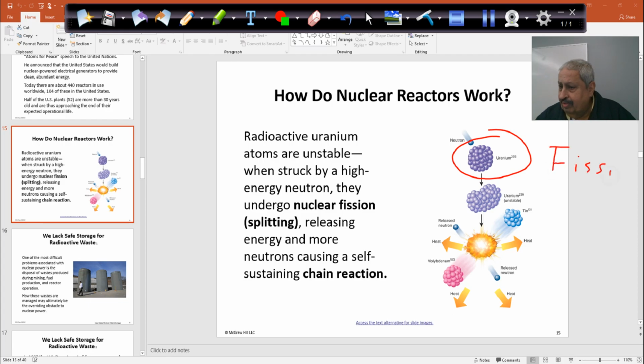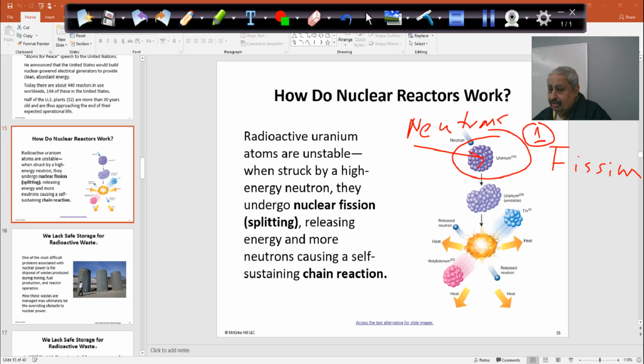Fission is one nuclear reaction, and we'll go for the second one. In fission, you're bombarding the radioactive element with neutrons. So you put neutrons here, and then you bombard this one here. By doing this, you chop the radioactive element into two or three components.